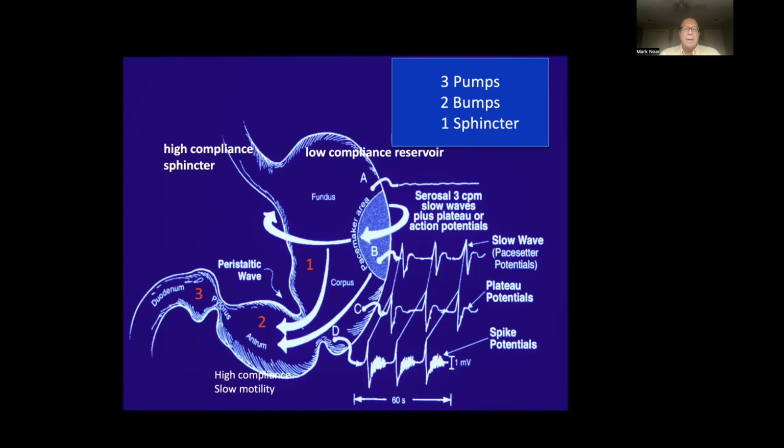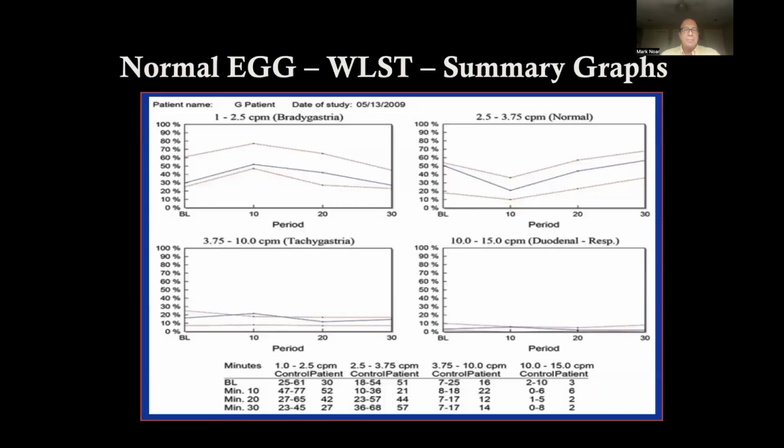So again, it's a completely different way of looking at things, but once we understand that the active areas are the corpus, pump 1, the antrum, pump 2, and the duodenum, pump 3, we then understand what we're really seeing in the electrogastrogram and where any particular malfunction is taking place. Let me explain further.